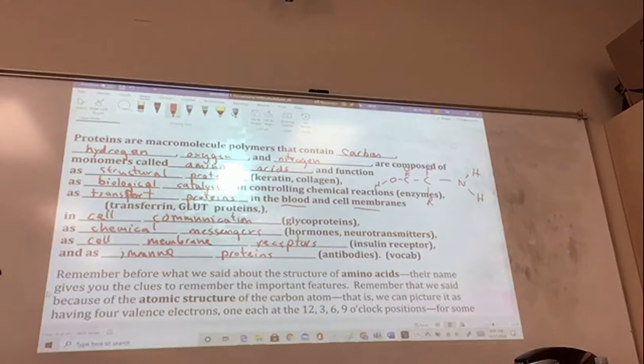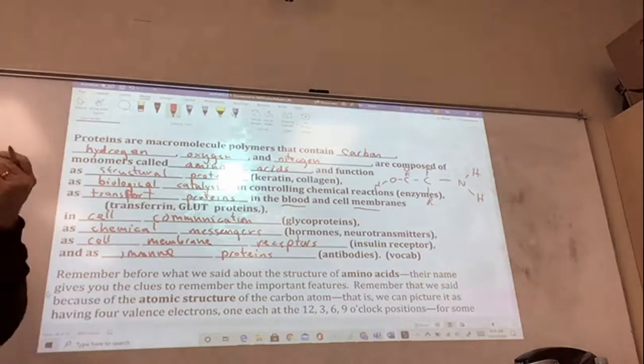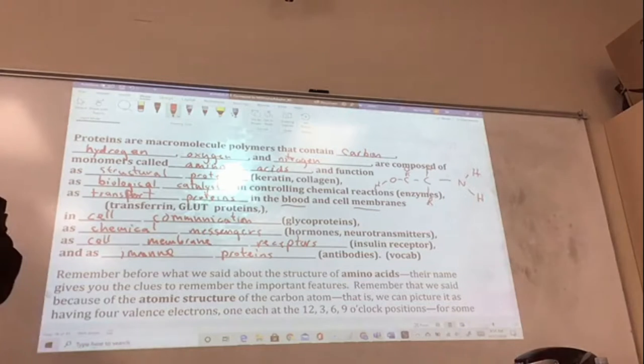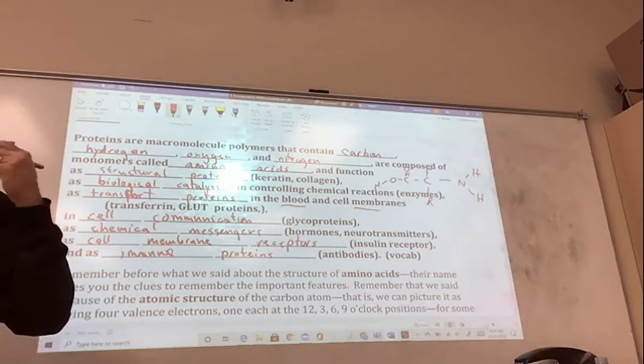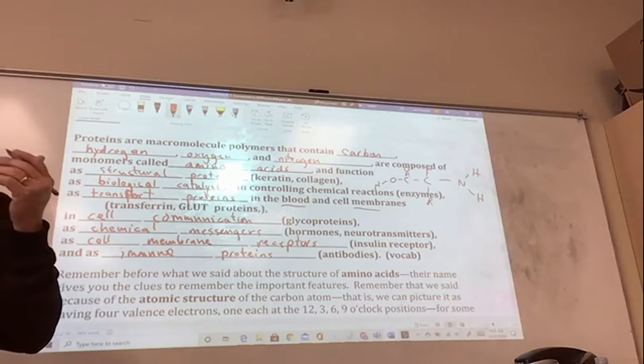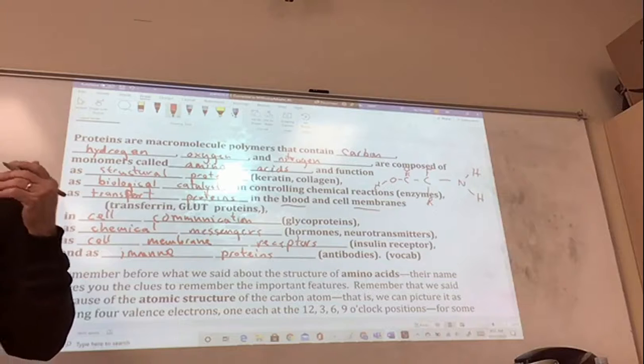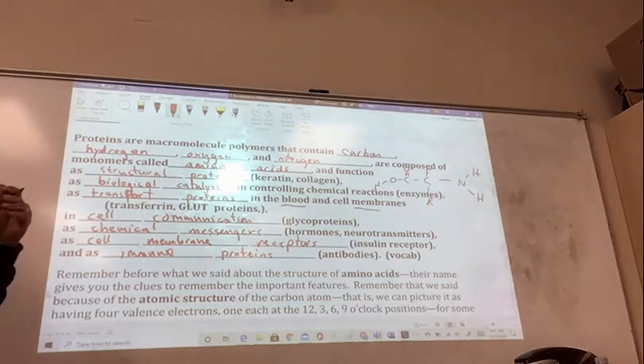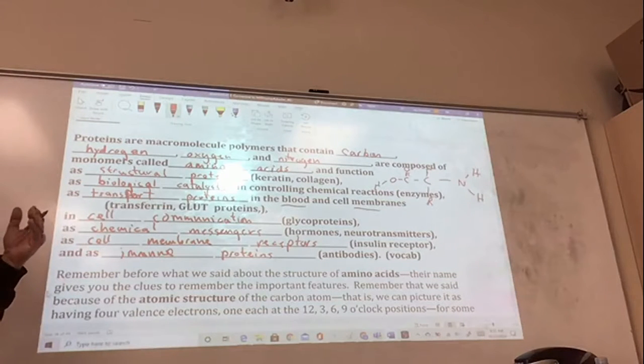So we know that we have 2 energy molecules, right? We have glucose and our carbohydrates, and we have our fats. We know that sugars also participate in the sugar phosphate backbone of ribonucleic acids and deoxyribonucleic acid. We know they participate in cell communication.